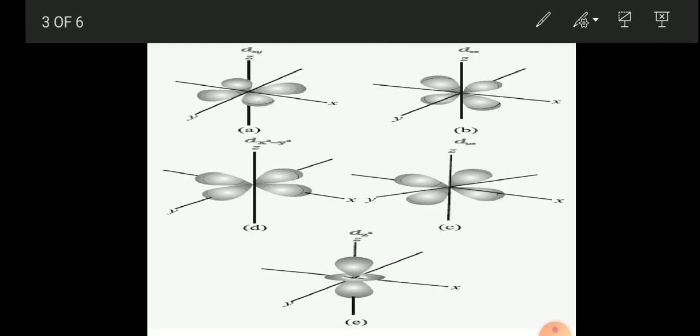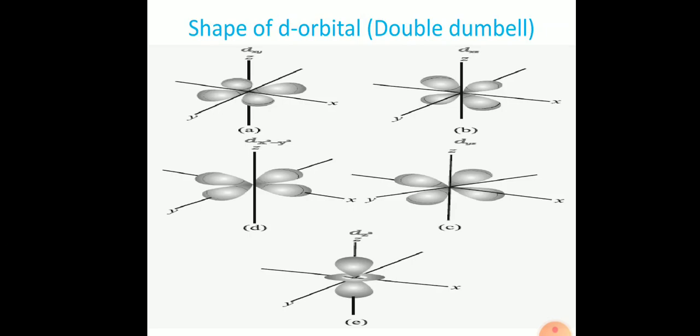Next, in case of dyz, you'll have the orbitals in between y and z. And finally, in dz square orbital, we have got the orbitals along z-axis. Okay, so these are the shapes of different s, p and d orbitals.